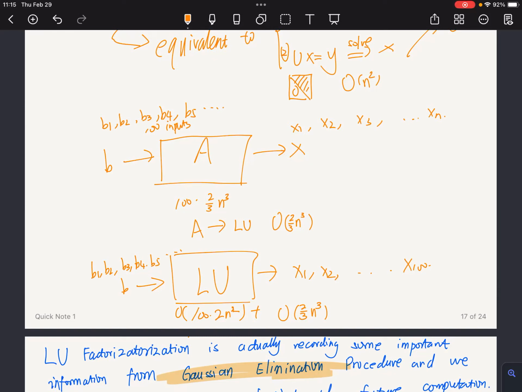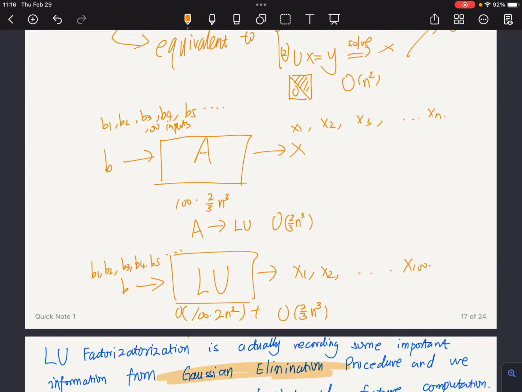So the benefit of using LU factorization is that when you have a lot of right-hand sides coming in one by one, and you need to solve for x1, x2, x100, or sometimes x1000, you just need the initial LU factorization, and then for each input you only need 2n squared.